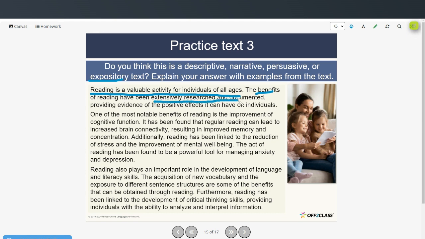So the writer is telling us this is not just her or his opinion, and then gives examples of how reading is valuable: improves cognitive function, memory, concentration, reduces stress, improves mental well-being, and also the role that it plays in the development of language and literacy. So just a lot of different facts. It's neutral, so this would be expository.